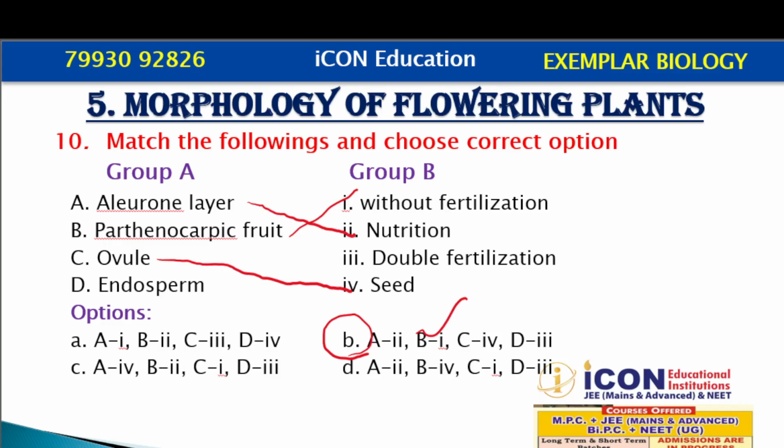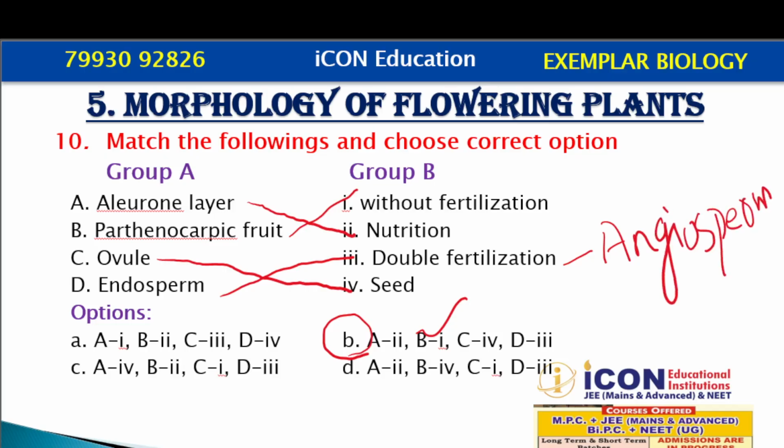Then D, endosperm. Endosperm is formed after double fertilization. This is seen in angiosperms. Students, in angiosperm, endosperm is a product of double fertilization, but not in gymnosperm. Remember, in gymnosperm, endosperm is formed before fertilization. That is, the endosperm is haploid and double fertilization is not seen in gymnosperm.